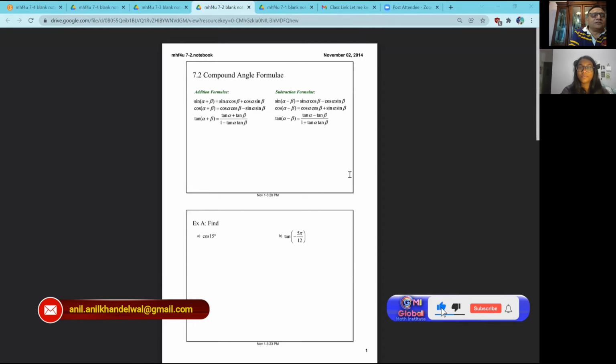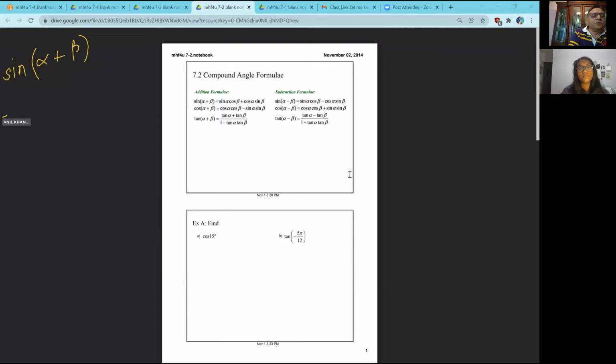So sinusoidal functions starting with sine. Let me use alpha and beta. Sine alpha plus beta is basically equal to sine alpha cos beta plus cos alpha sine beta. Is it okay?